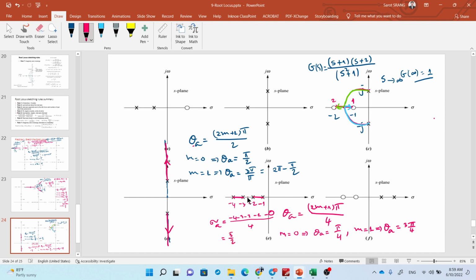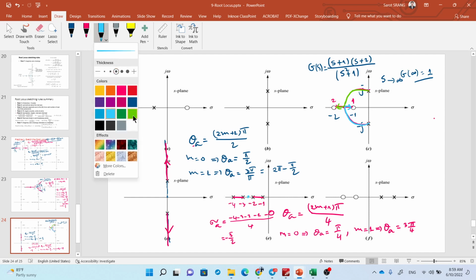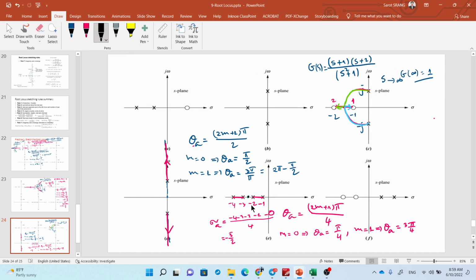So minus 2.5 is here, right? We put the black one. And yeah, I just need these two. I don't need to find all of them because they are just symmetric with respect to the real axis.